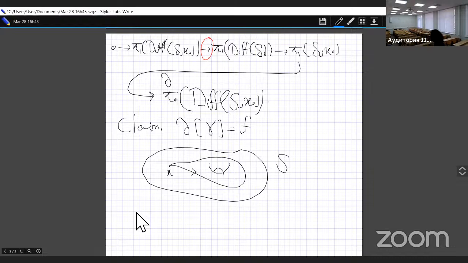But nevertheless, let's try to understand why delta of gamma is F. To explain this, it's just by construction. How do we construct the delta? It's a general fact. Let me explain.